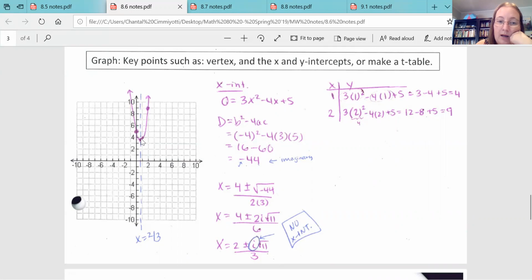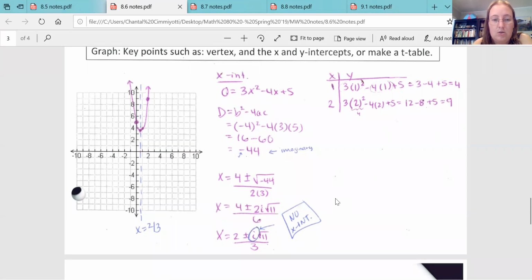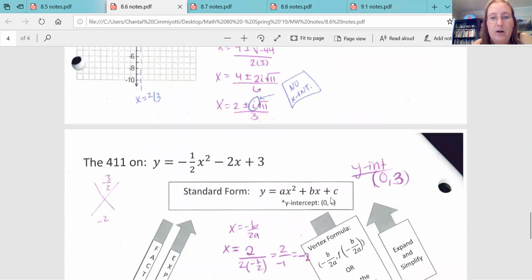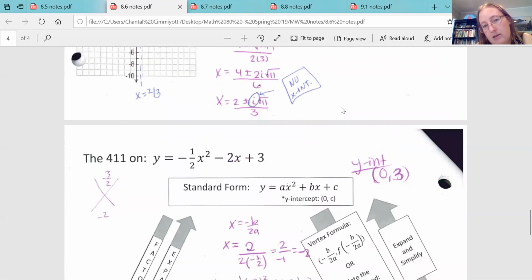So I needed another point, ideally something on the right. So I can try plugging in x of 1 and seeing what I get, or an x of 2. I don't want to go too far away because then it'll go off my graph. But 1 and 2 both ended up being rather nice when I did order of operations and simplified. So imaginary gives you no x-intercepts.